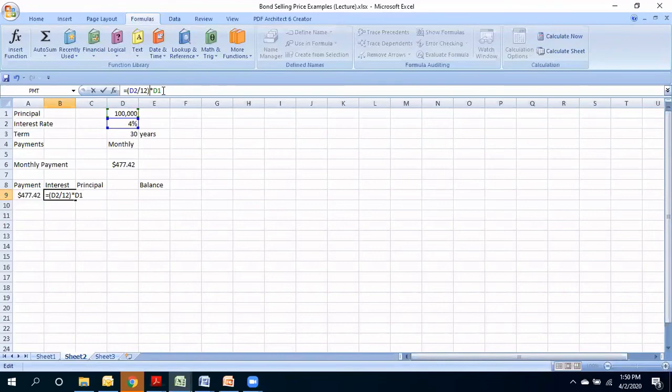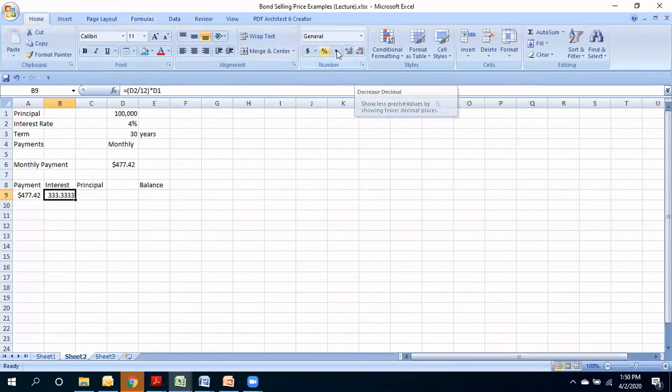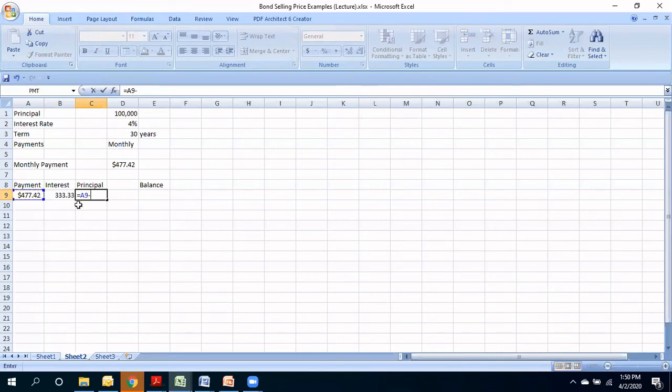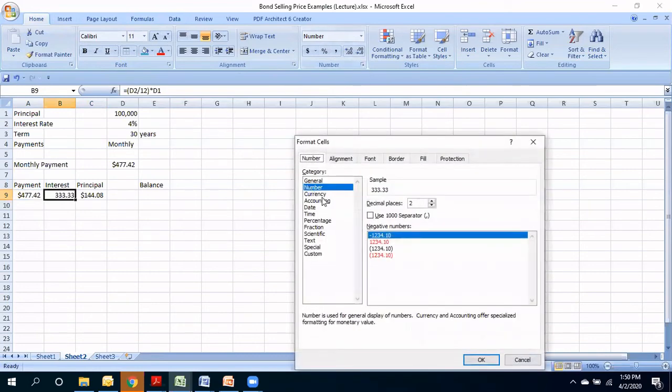My unpaid balance for the first payment is the whole amount that I borrowed. When I do that, I see that $333.33 is applied to interest. The rest of it is going to be applied to principal.